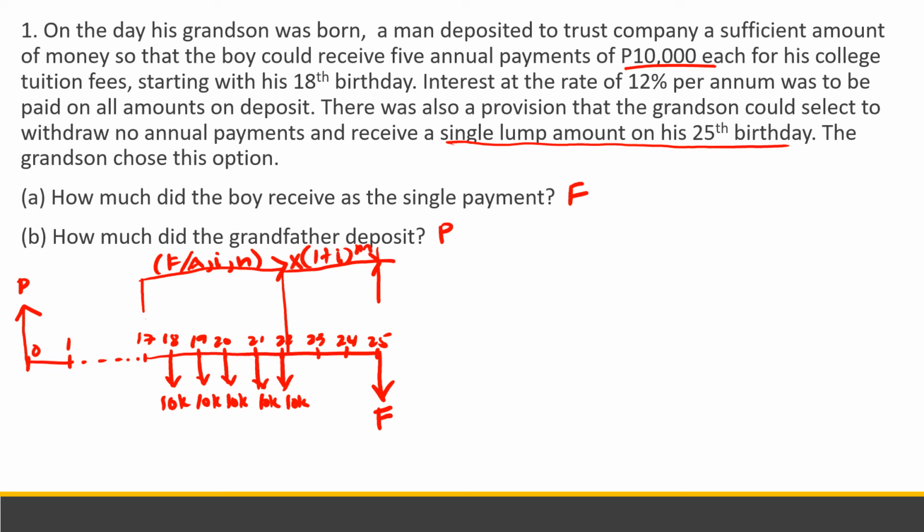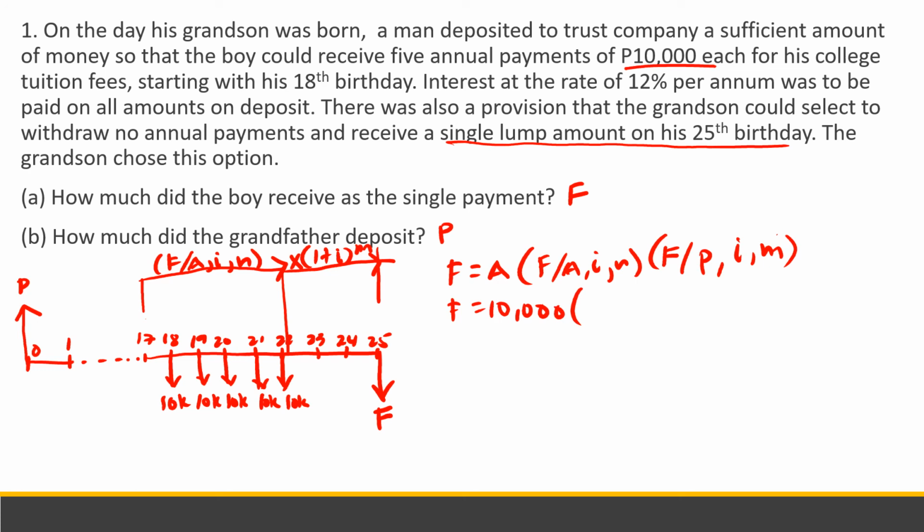So F equals A times the future amount factor for I and n, times 1 plus I to the m.